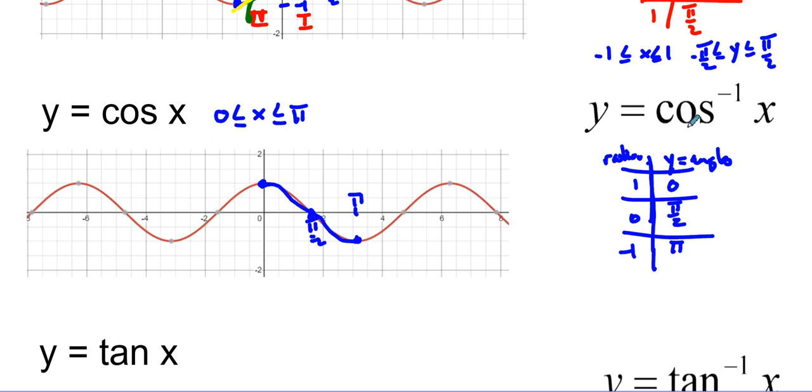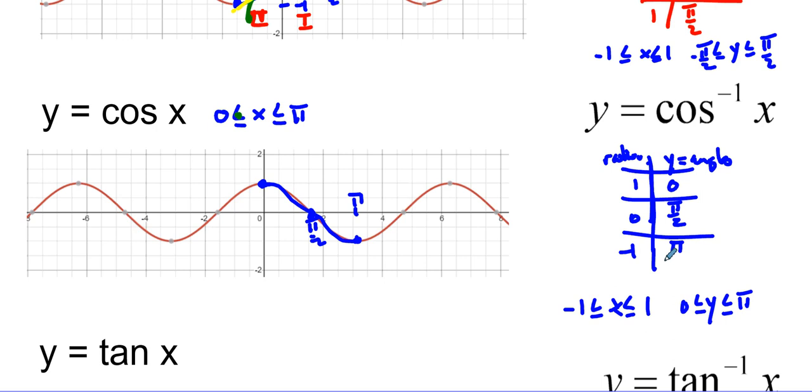So just like the sine graph, we have a domain of negative 1 to 1. But unlike the sine graph, the range of our values goes from 0 to pi. And so when we graph this, we can have negative 1 starting right here, and that's going to be a pi, way up here, because that's 3.14.